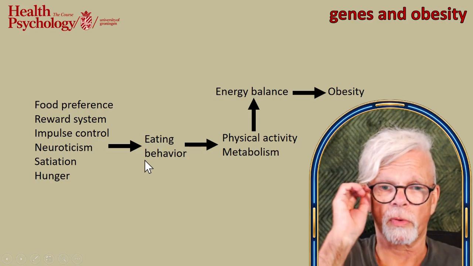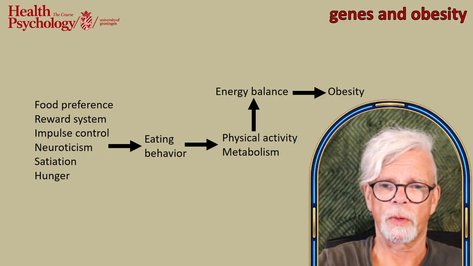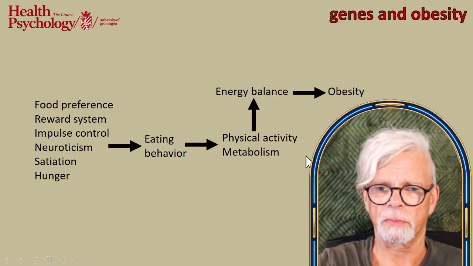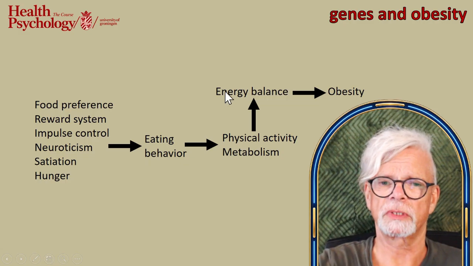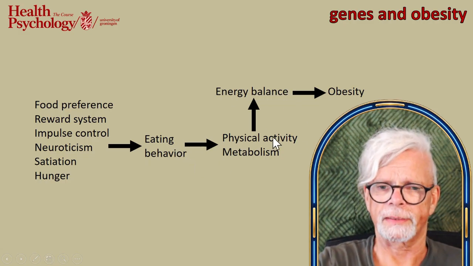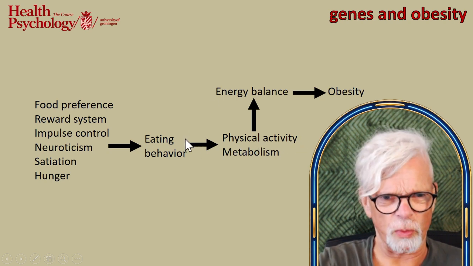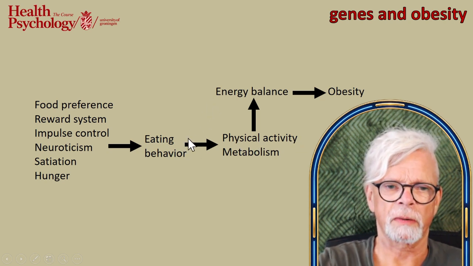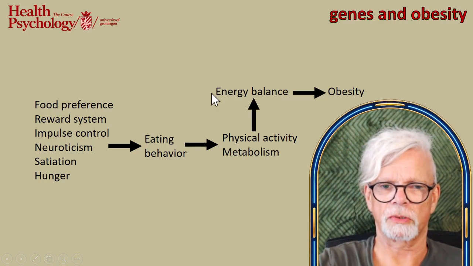And more eating, together with physical activity and metabolism genes, is related to the energy balance. Because also the eating behavior is related to this arrow, by the way, should go there. This is a wrong arrow. It should be here. So this arrow goes to the energy balance.